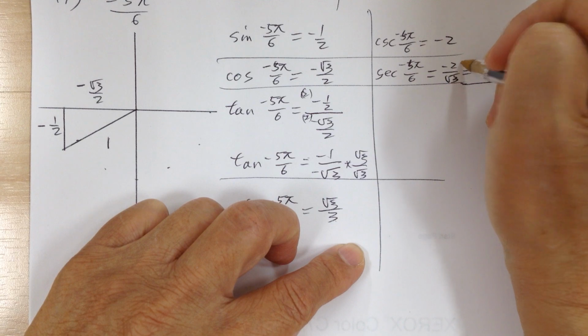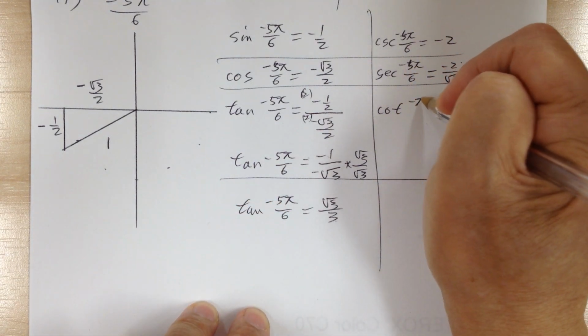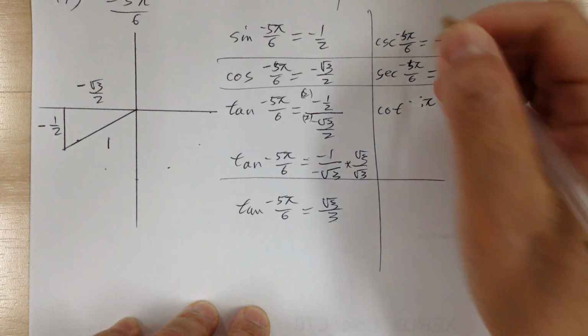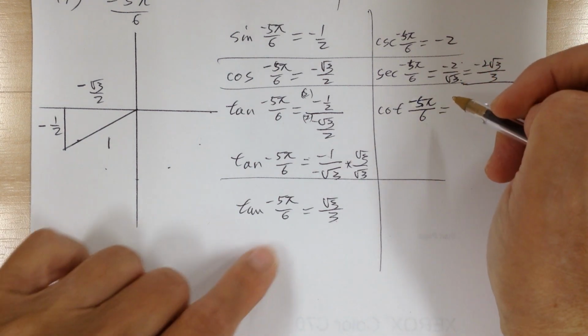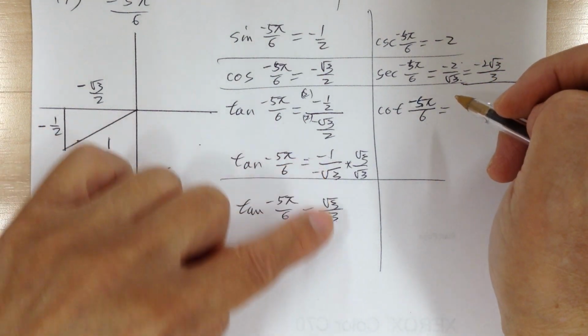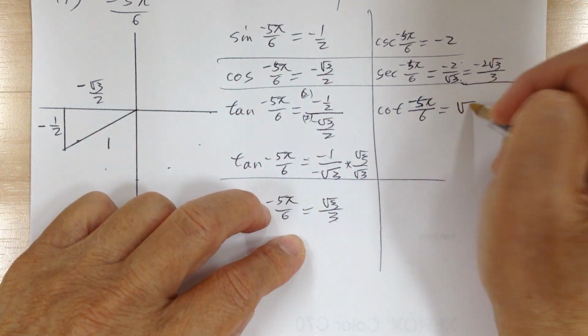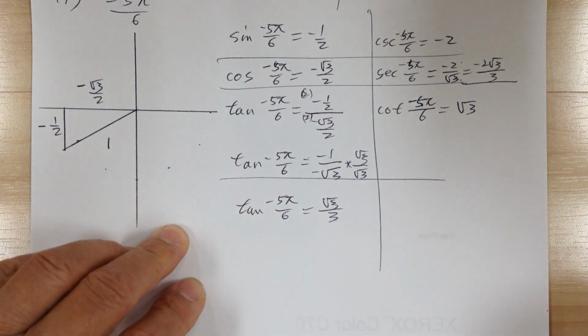You just multiply by square root of 3, square root of 3. Okay, cotangent. Let's flip this one. You don't want to flip the other one because you have to do additional work. If we flip this one, it's just equal to square root of 3 because the negative will cancel out. And that's it.